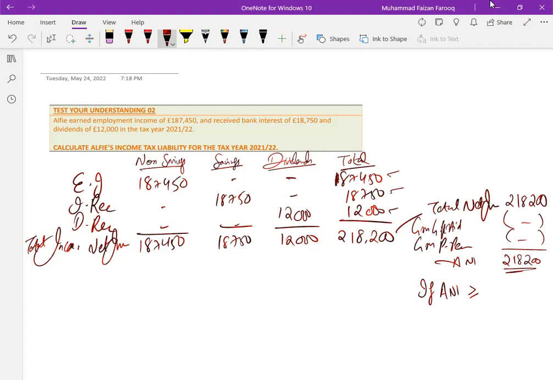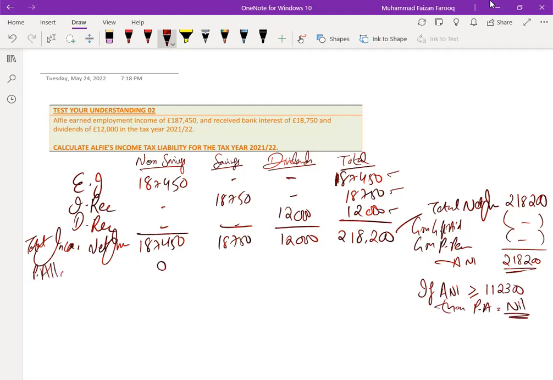Do you remember? 112,300. Then personal allowance is nil. Personal allowance is reduced to nil.